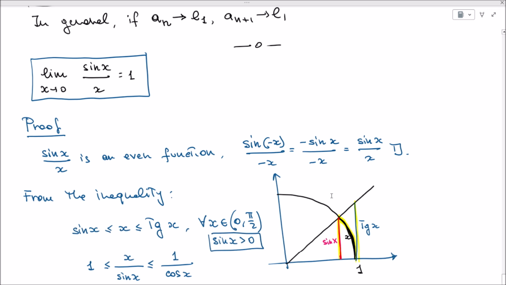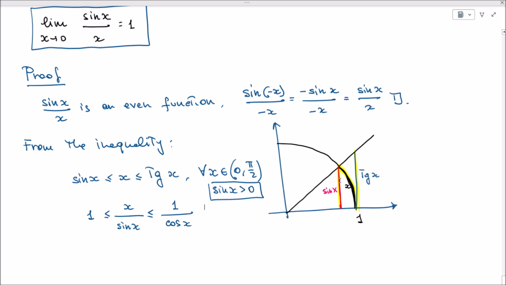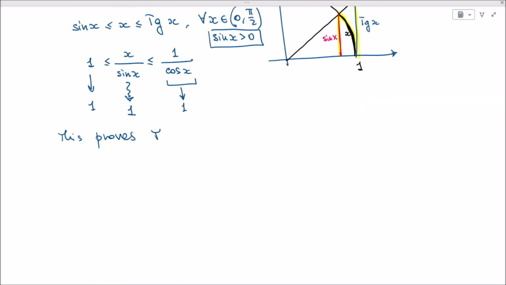And now we take the limit as x goes to 0, but we see that this will tend to 1 because we know that cosine of 0 is 1. This, of course, is a constant, it will remain 1, and by the squeeze theorem, once again, we see that this ratio tends to 1, which finally proves that the limit as x goes to 0 plus of sine of x divided by x is equal to 1.